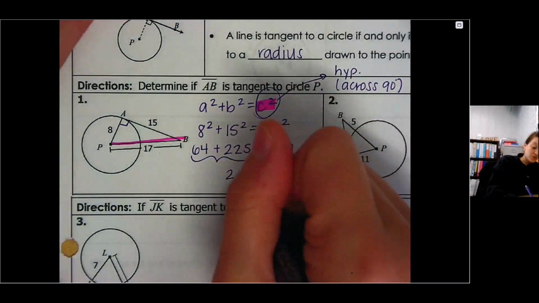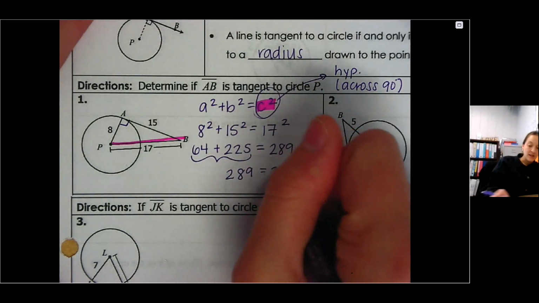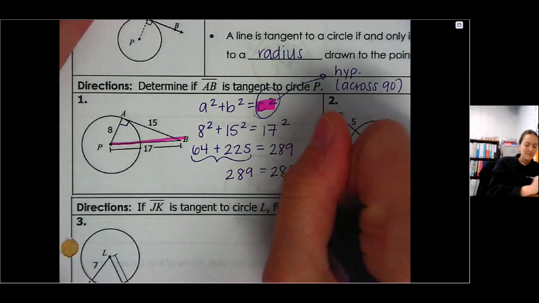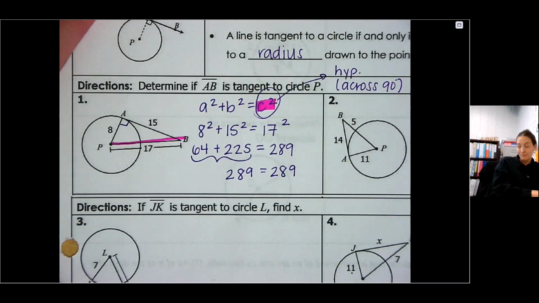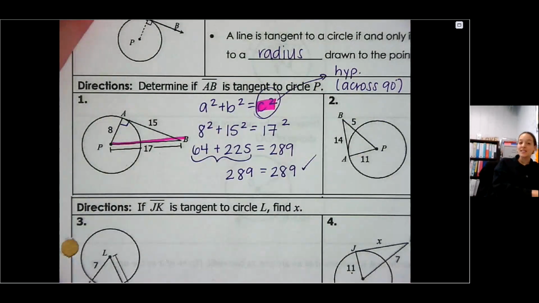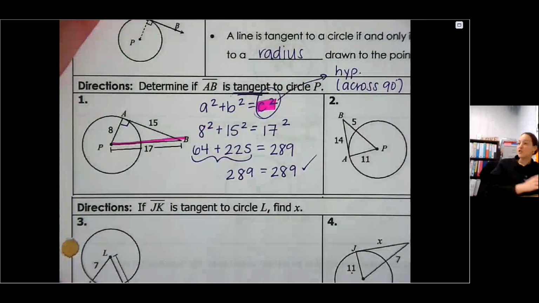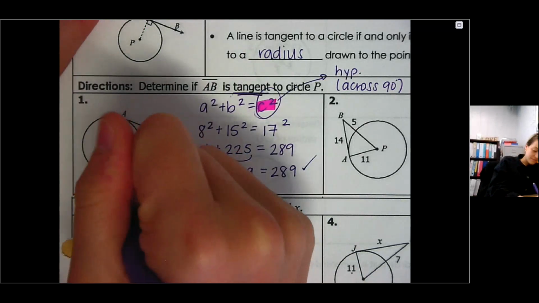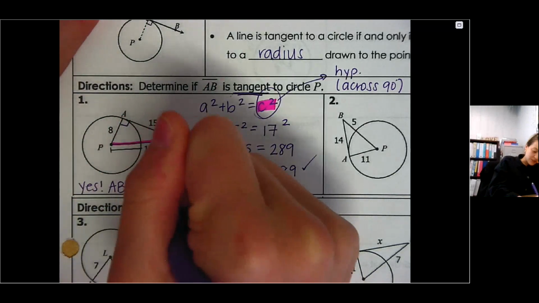You get 289. Is this a true statement? Yes. So my answer is that yes, AB is tangent to the circle. That's my answer. Is tangent.